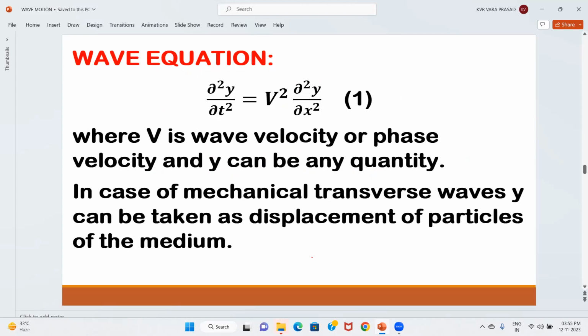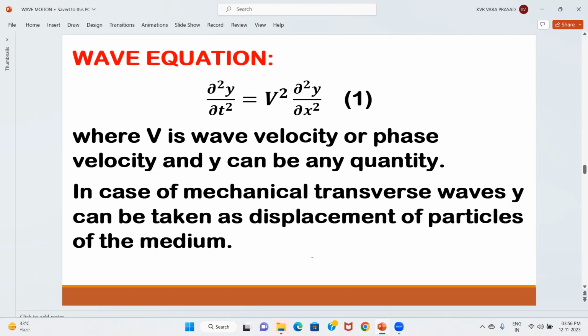Right. See next one, wave equation. ∂²y/∂t² = v² ∂²y/∂x². This is known as the wave equation.